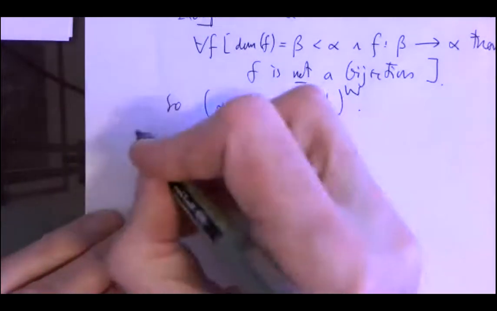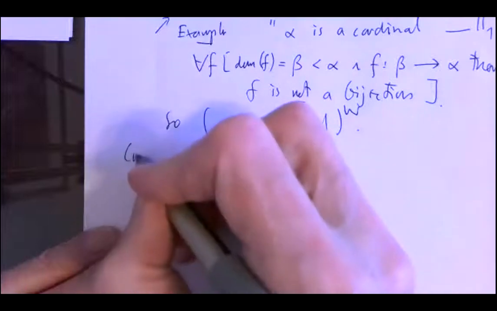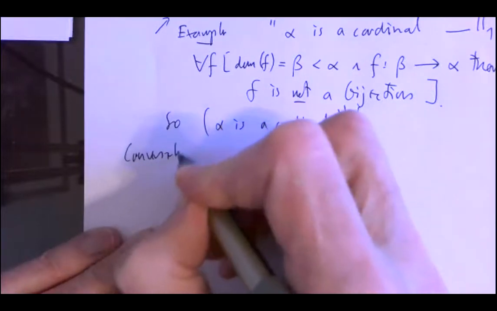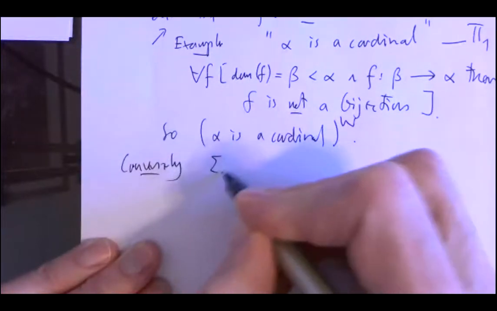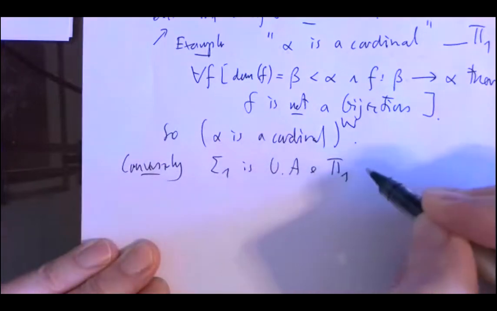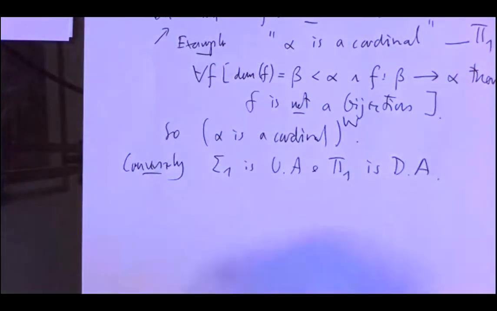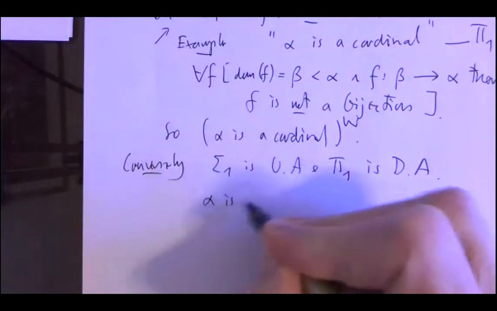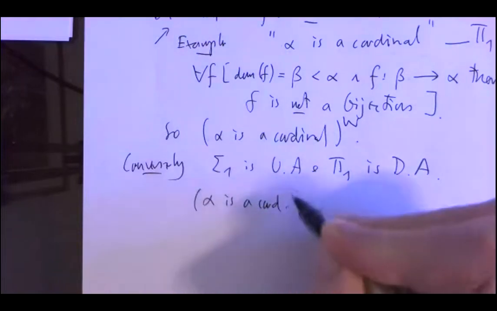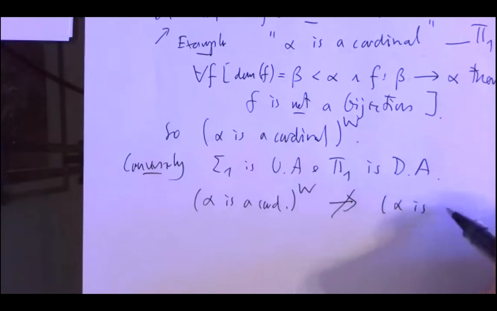If something is pi 1, it's not upwards absolute, which is just by taking negations, really. So conversely, sigma 1 is upward absolute, and pi 1 is downward absolute. If alpha is a cardinal in W, this does not imply that alpha is a cardinal.